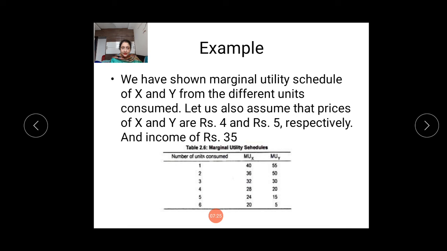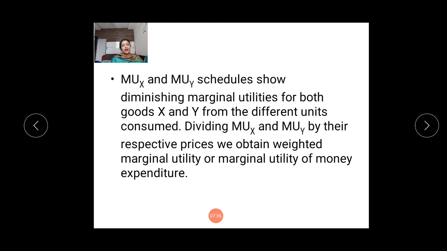So what is the first step? First step is to calculate MUx divided by Px and MUy divided by Py. That is important. So MUx and MUy schedules show diminishing marginal utility for both goods X and Y from different units consumed.